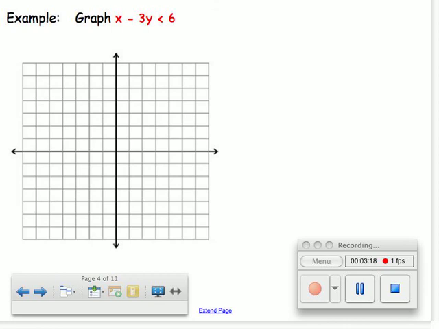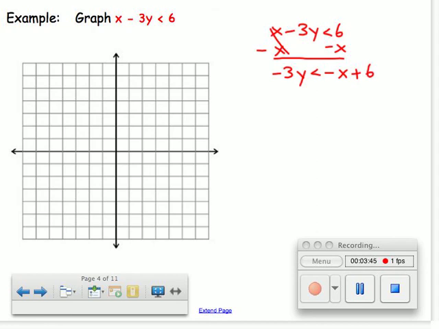To do that, I rewrite the inequality. x minus 3y is less than 6. And to solve for y, I'm going to first subtract x from both sides. And my inequality can be rewritten as -3y is less than -1x plus 6.